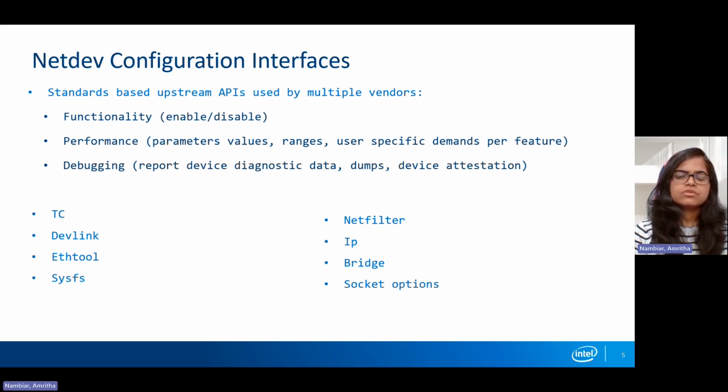And these focus on three main aspects: the functionality itself, that's enabling and disabling; performance related, as in specifying parameter values or ranges or other feature specific user configuration; then debugging related, like reporting diagnostic data, dumps, etc. And for these purposes, we use interfaces like TC, devlink, ethtool, sysfs, netfilter, IP, bridge, socket options on the net device.